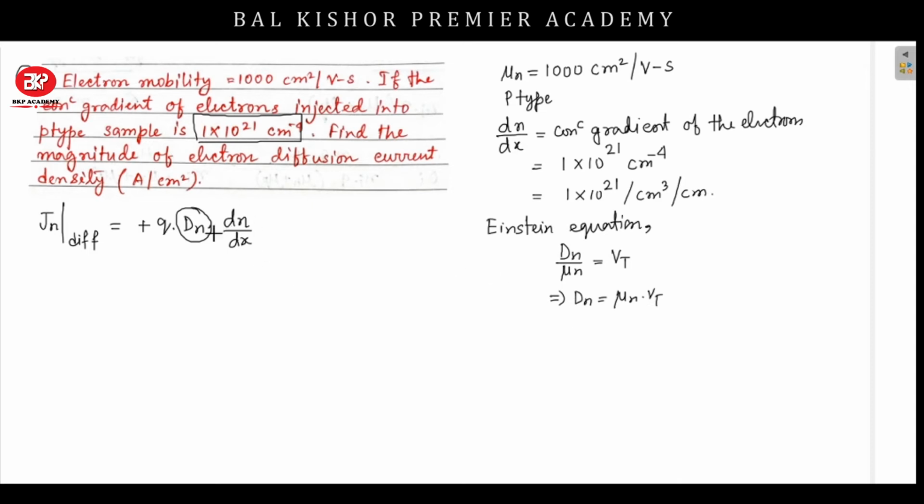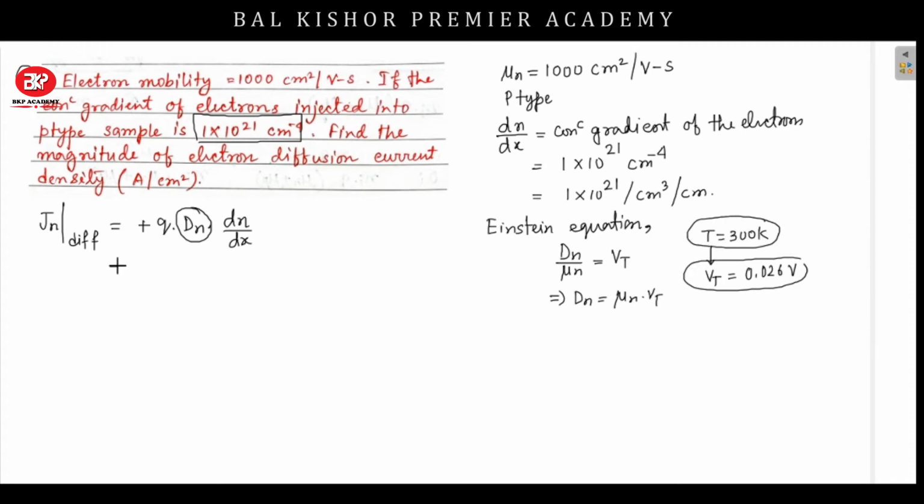The mu n value is given here, and Vt is the thermal voltage, and no temperature information is given. So we will take the temperature as normal temperature, 300 K, and at this normal temperature the Vt value is 0.026 volt. So this is the thermal voltage value at T equals 300 K.